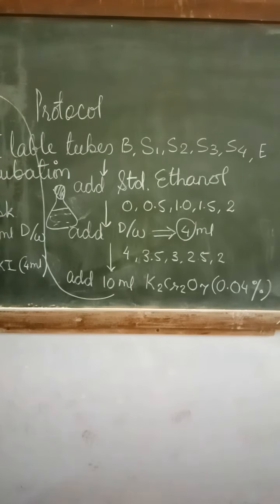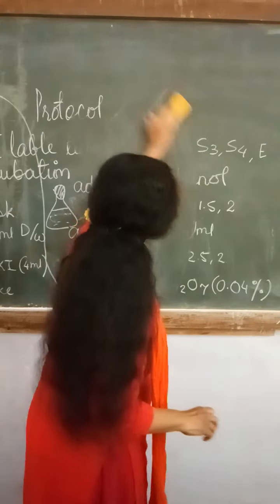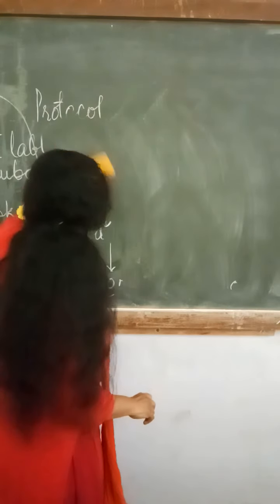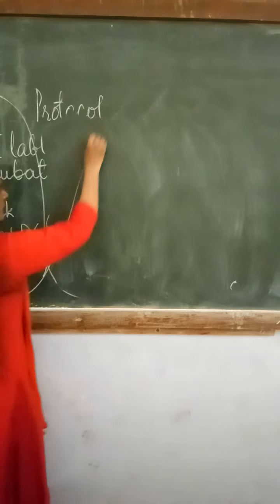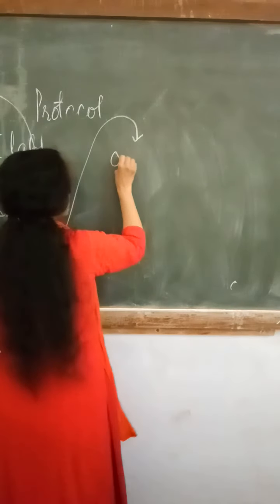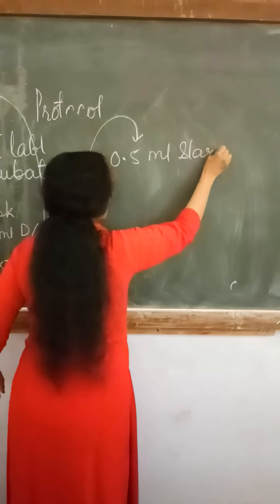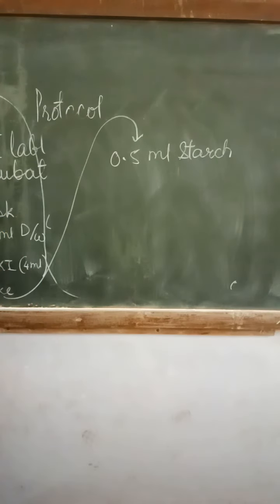Shake your flask, and after that you have to add the indicator starch. Starch is working here as the indicator. So after shaking, you are adding 0.5 ml of starch in all the flasks one by one, gradually, not at one time.